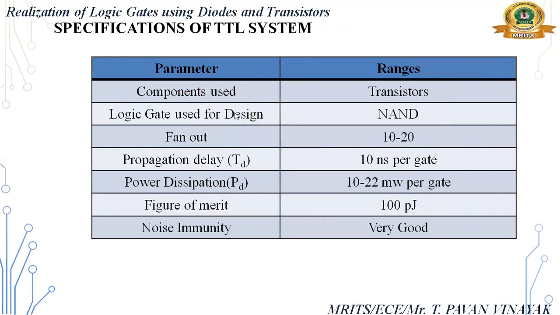Components used are transistors only. Basic gate is NAND. Fan out is around 10 to 20. Propagation delay is 10 nanoseconds. Power dissipation is 10 to 20 milliwatts. Figure of merit is 100 picojoules. Noise immunity is very good in TTL.